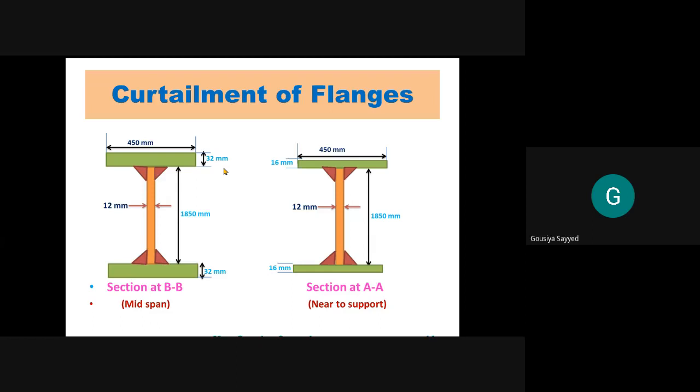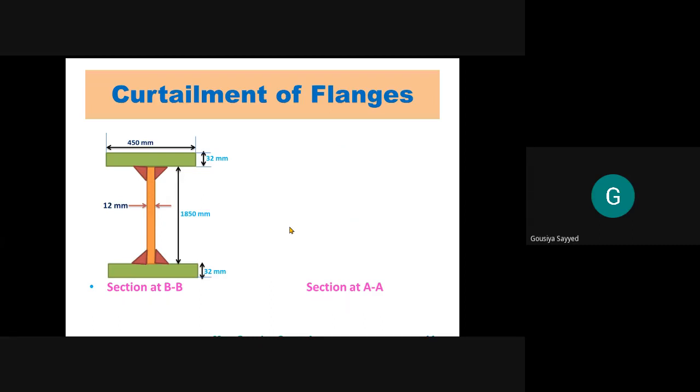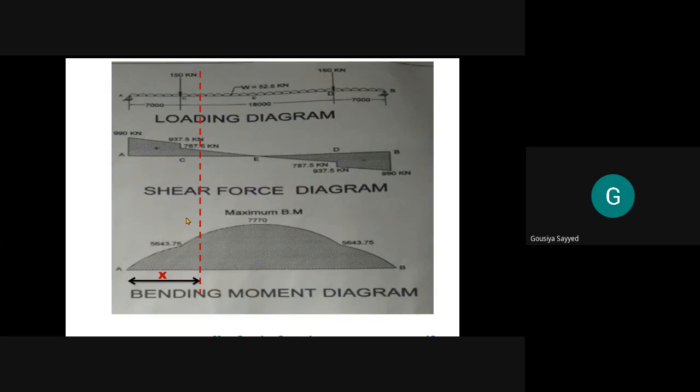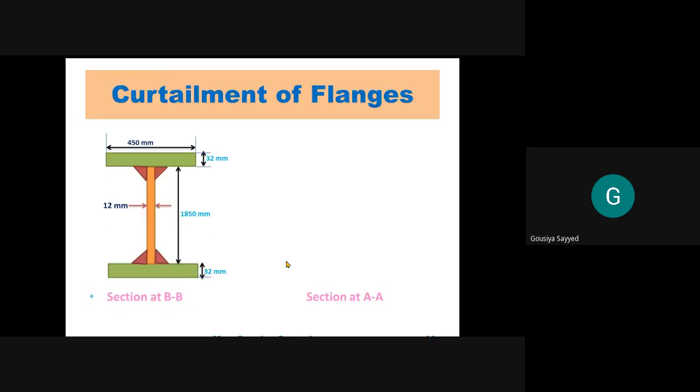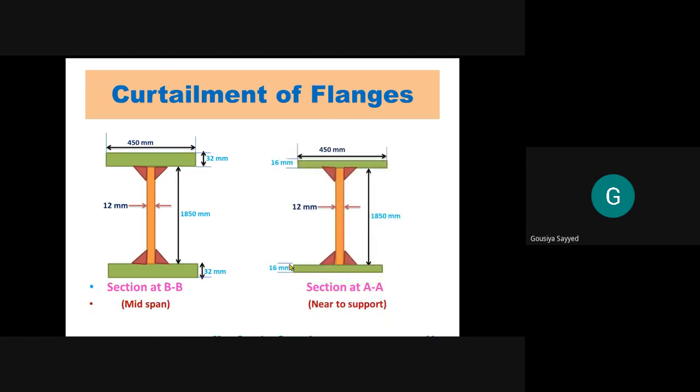In the region where the bending moment is less than at the critical section, the thickness of the plate can be reduced. So here I first reduce the 32 to 16 mm, and then calculate the section modulus for this section, and this moment of resistance you have to equate to Mx, the bending moment at the critical section. Just see this, equate this Mx with the moment of resistance of the section having thickness reduced from 32 to 16.